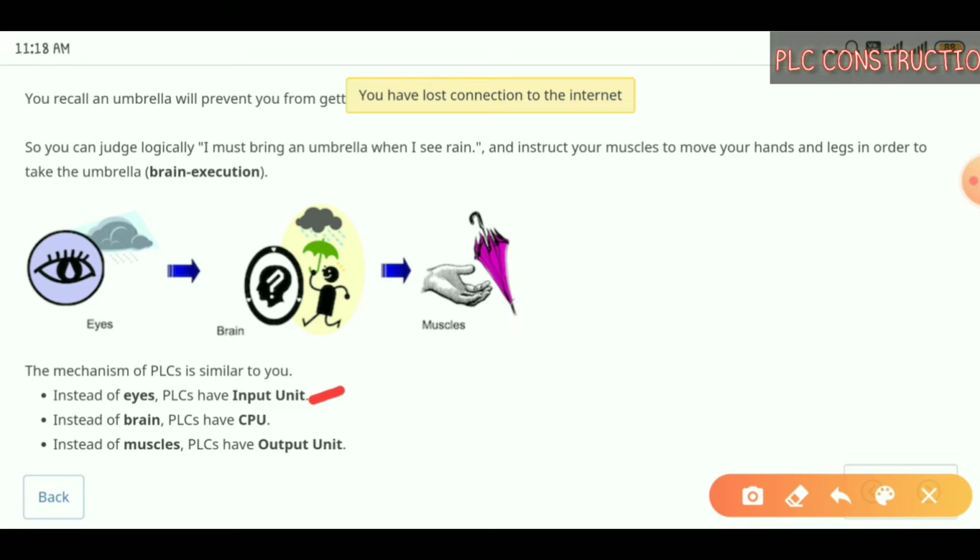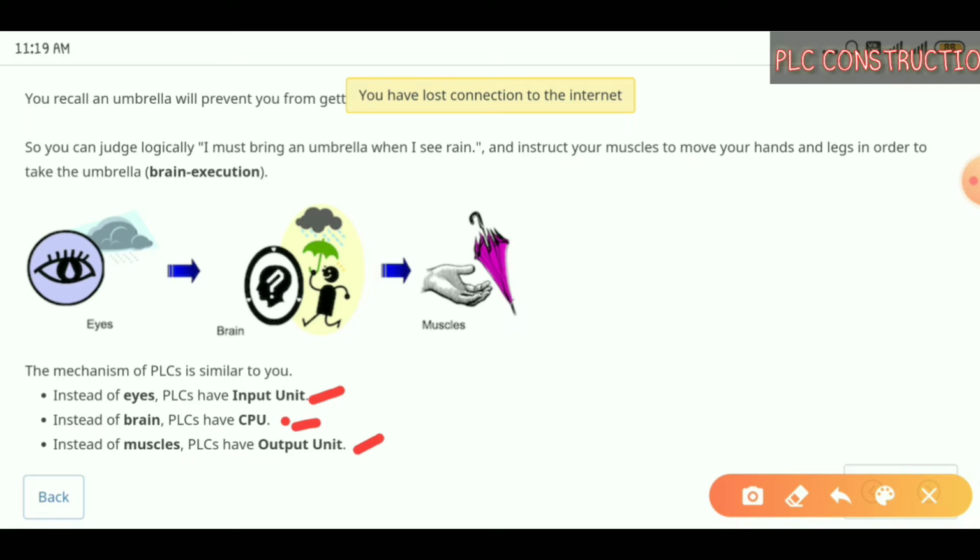Instead of a brain, the PLC has its CPU unit, where it identifies the conditions and judges what to do. Instead of muscles, it has output units. According to the CPU output signals, the output devices will work. So it is very easy to understand.